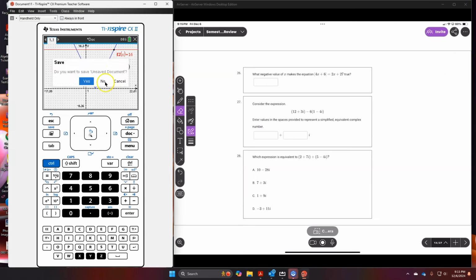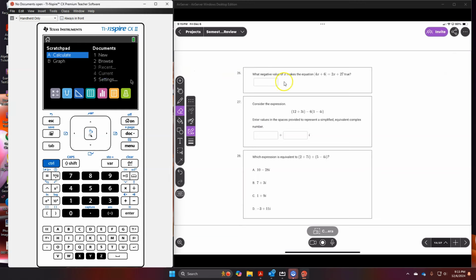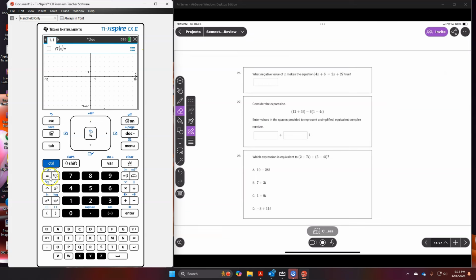Once again, I'm okay with you solving this in the calculator. It says what negative value of x makes the equation true. So go to graph and go to absolute value, and you have 4x plus 6, correct? Press enter and press tab. So you have 2x plus 27.